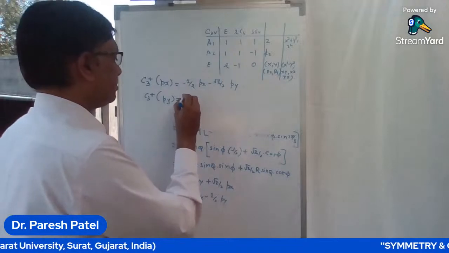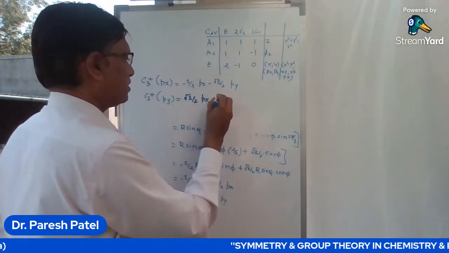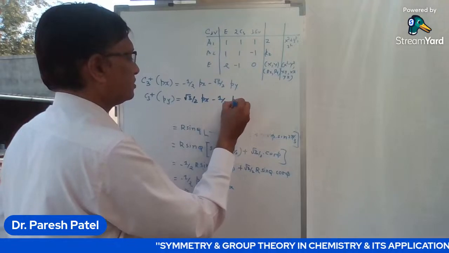So py can be represented as root 3 by 2 px minus 1 half py.